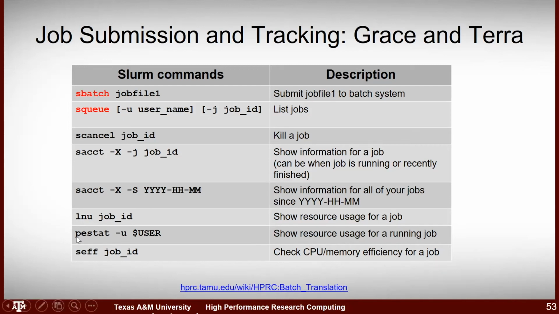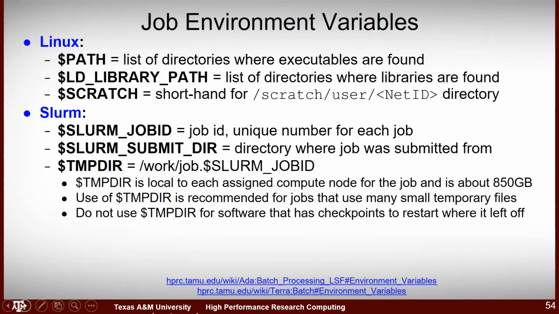And pestat will tell you how much it's actually using, I think, for a currently running job. Also, you can check if other people are using the same node that you're using, if you requested less than a whole node. That's one way to do that. And then there's this other one that I don't even know what it does. It says what it does, but I'm not going to read it. Forget about it. I'm getting tired.